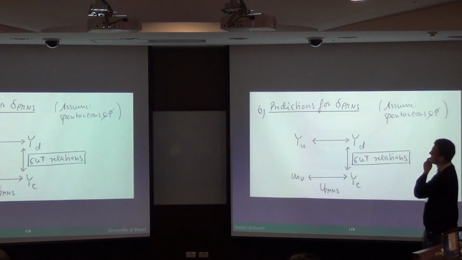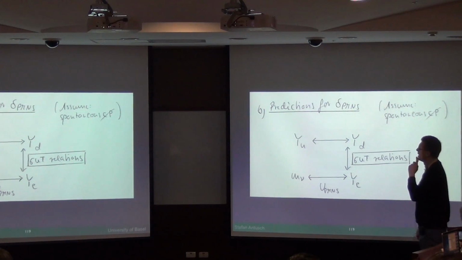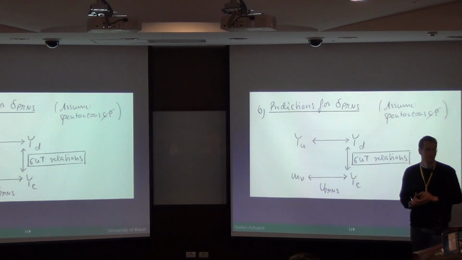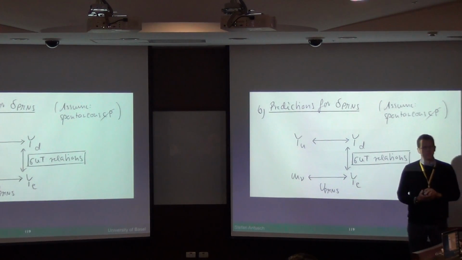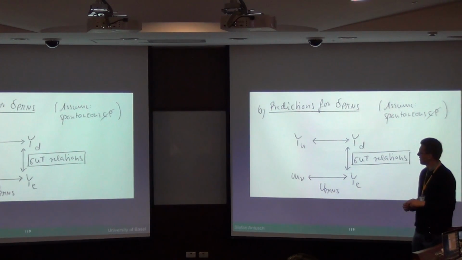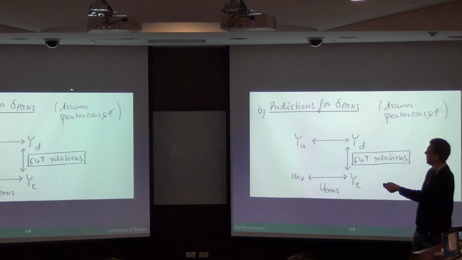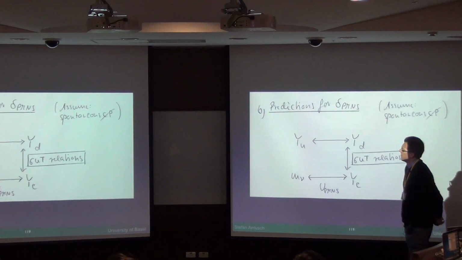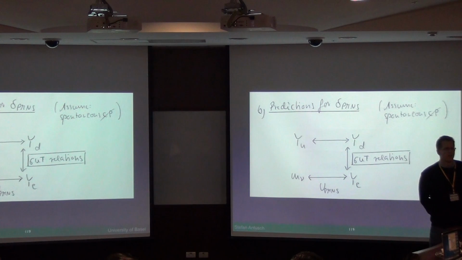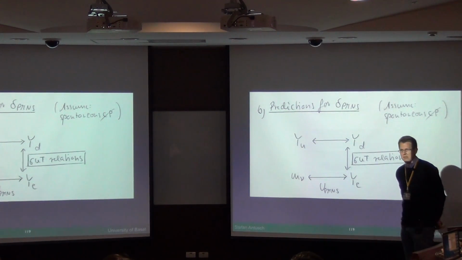So the next thing is that, if you want to also be consistent, like we've seen for the case of tri-maximal mixing, you would like to also get some predictions for the Dirac CP phase. I just want to be very brief here. So the idea is that you also generate the phases of your column vectors when you do this breaking, like we discussed in this kind of vacuum alignment.